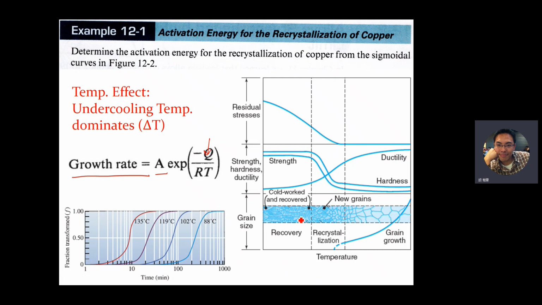Therefore, below a certain temperature, we have to recover the strain hardened grain. It depends on the materials. Different metals have different recovery temperatures and different recrystallization temperatures.